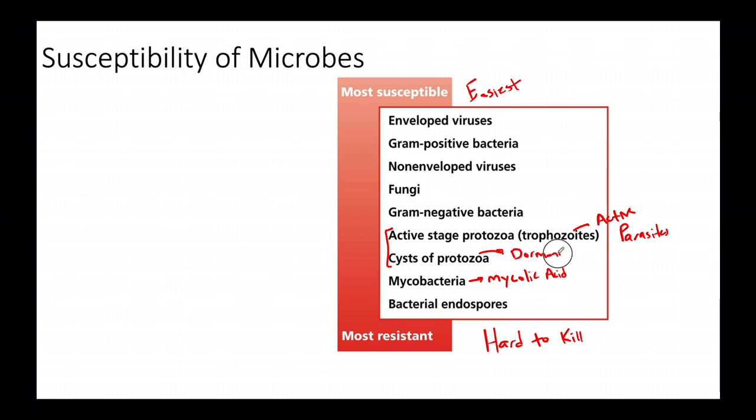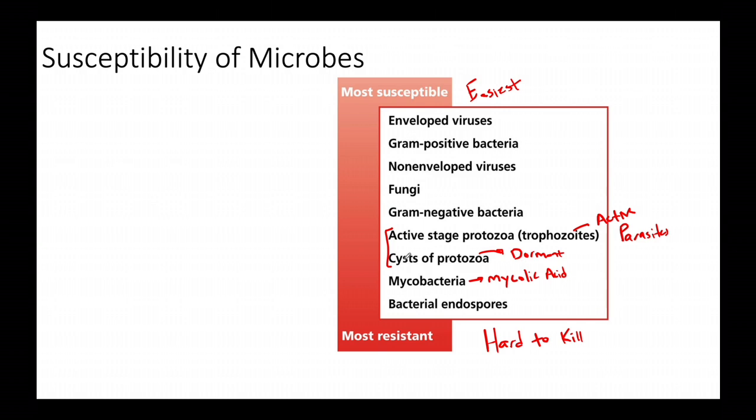And so because the cysts are inactive or dormant, they are designed in a sense to be better able to survive in the environment. So say Giardia, for example, in bodies of water that have been contaminated by different animals, you can have cysts of Giardia, and then if you drink that water, those cysts can develop into trophozoites.